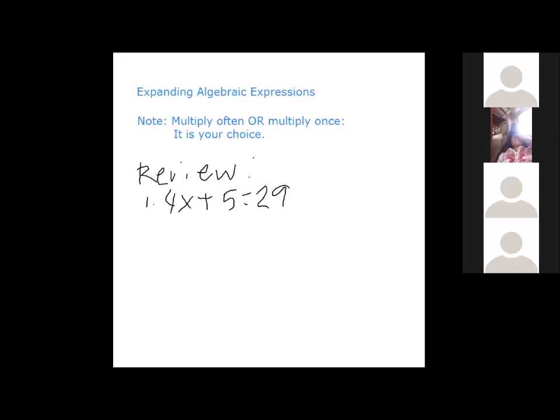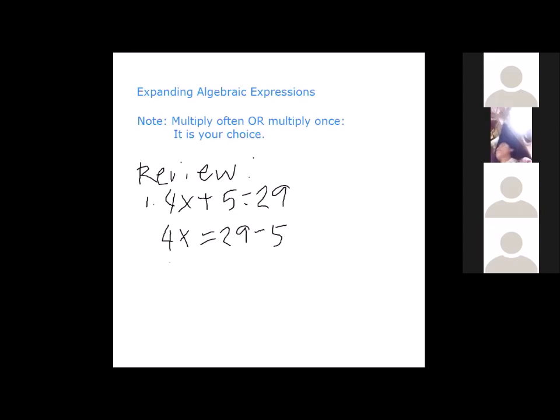Okay. So, bale, 4x is equal to 29 minus 5. Yes. Then, our equation is 4x is equal to 24.